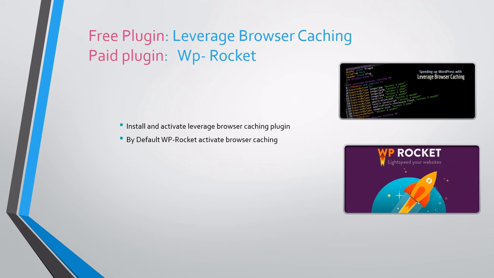And WP Rocket is a paid one, but once it is activated, it not only fixes the leverage browser caching issue, it also does so many other things. It is a perfect caching plugin. It is helpful in speeding up the website. I'm using WP Rocket and it is very helpful for me.